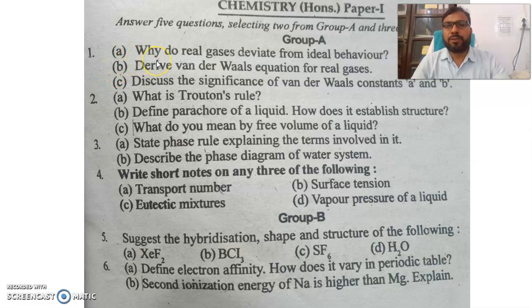First, why do real gases deviate from ideal behavior? Second, derive van der Waals equation for real gases. Third, discuss the significance of van der Waals constants A and B.